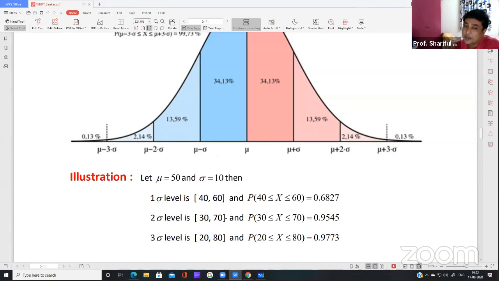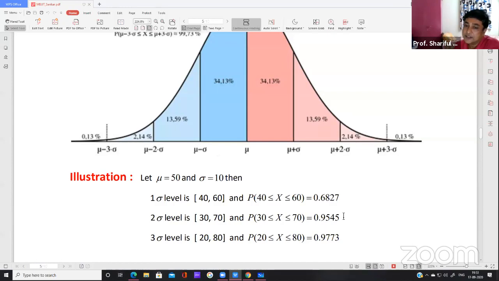Similarly, what is the 2 sigma level? This will be from 30 to 70. That means the mean is equal to 50. From here, you move 2 sigma to the left side, it will be 30. 50 is the mean. You move to this side 2 sigma distance; sigma is 10, so 2 sigma is 20. That means you have to move to the right, 50 plus 20, that means 70.